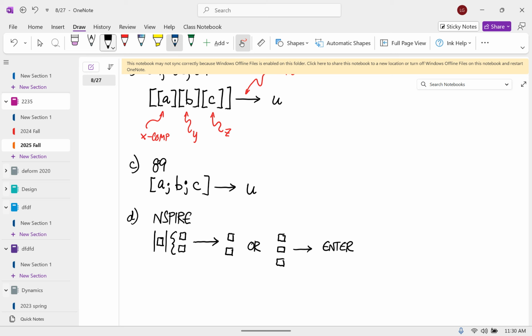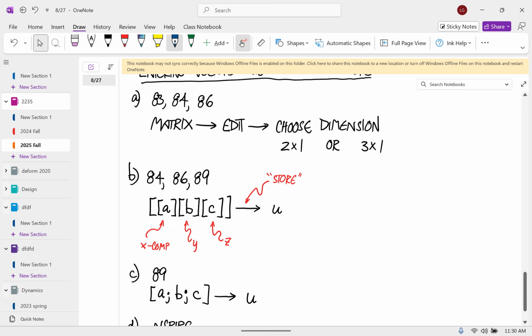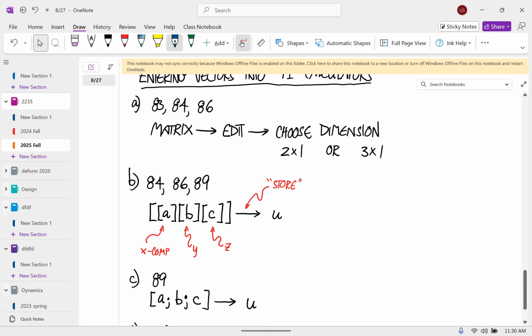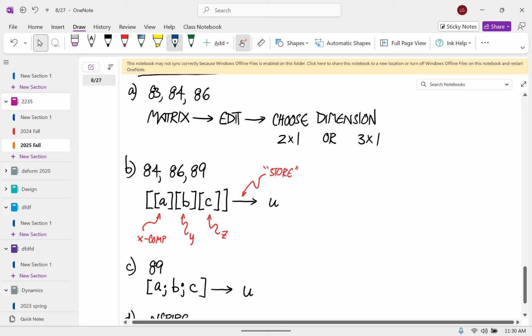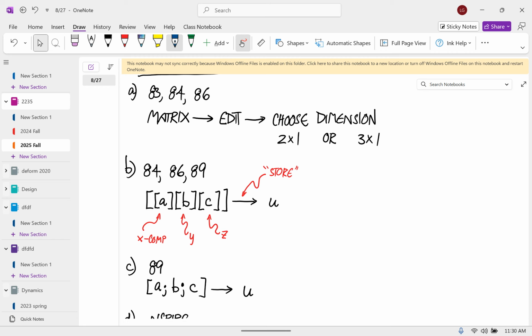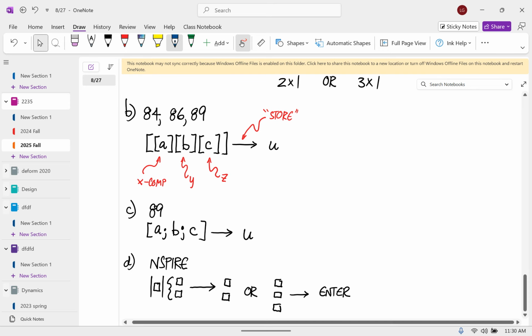Okay, and so in all of these, if you define a matrix and put it into a variable that you call U or something, and then do another vector and put it into a matrix you call V, and then enter U plus V, your calculator knows how to add matrices.